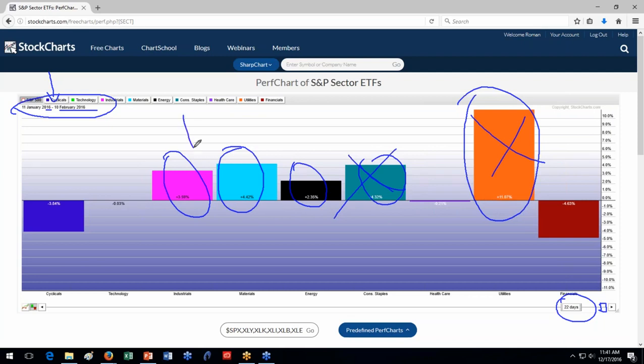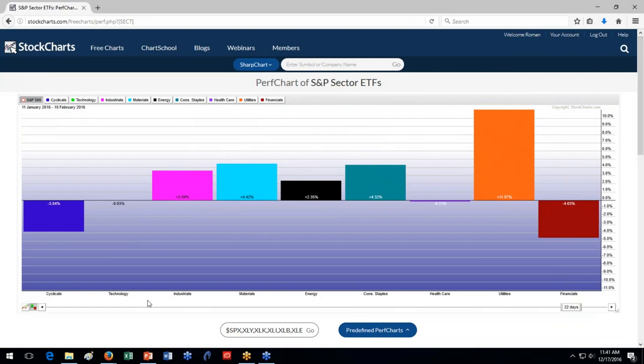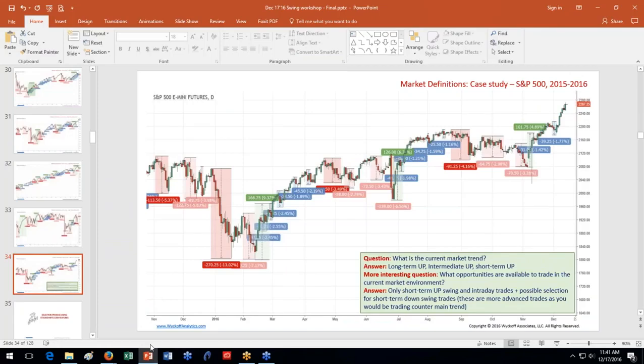But you're going to go through all of them, and you're going to start identifying on the sector level what kind of groups you're going to choose for your potential swing trading.